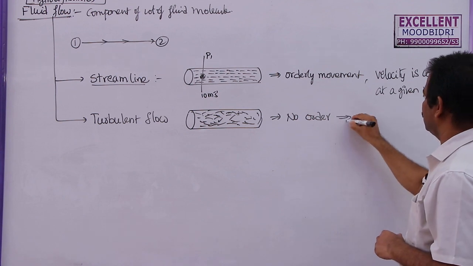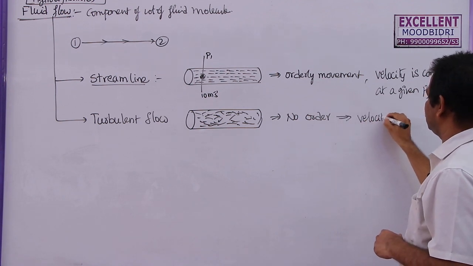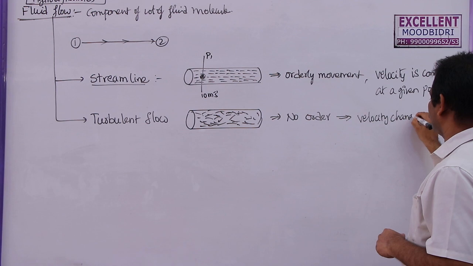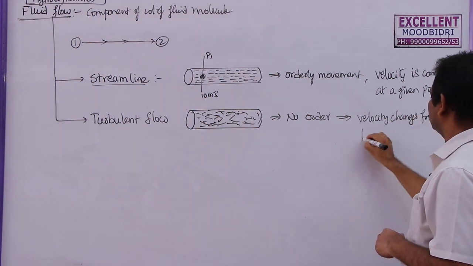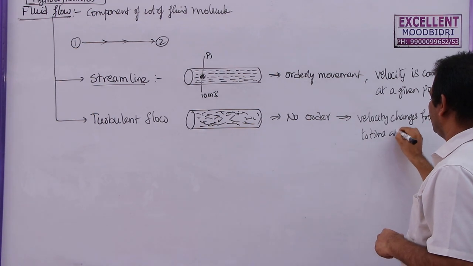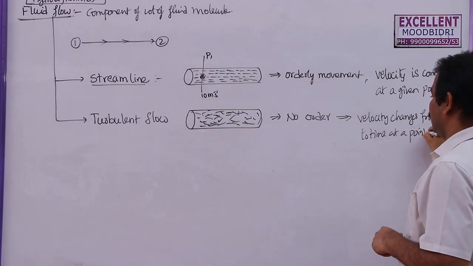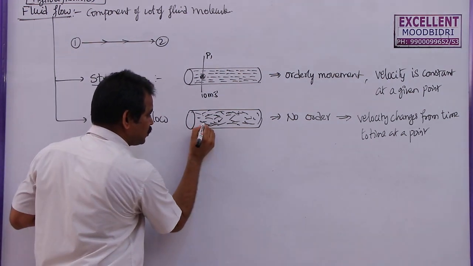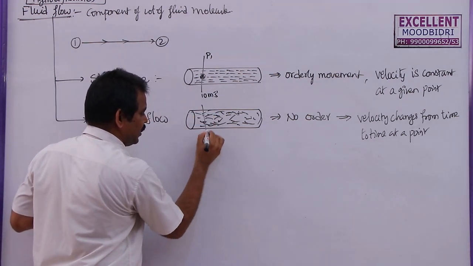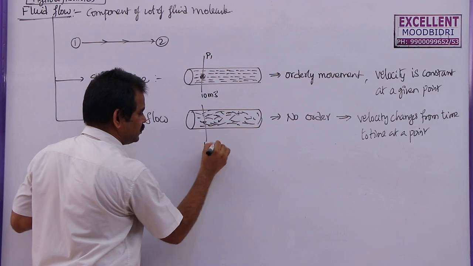but here velocity changes from time to time at a given point. At the same point, for example, let me take this particle is crossing this line with velocity 10 meter per second, this one.